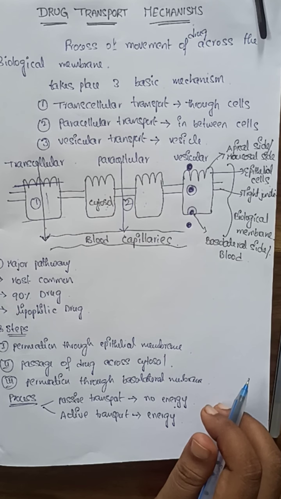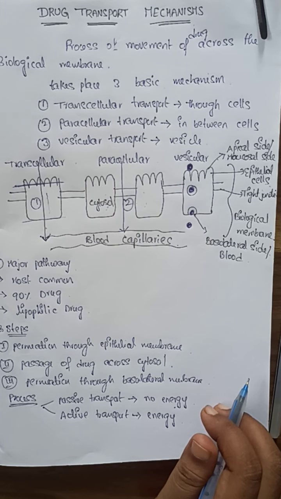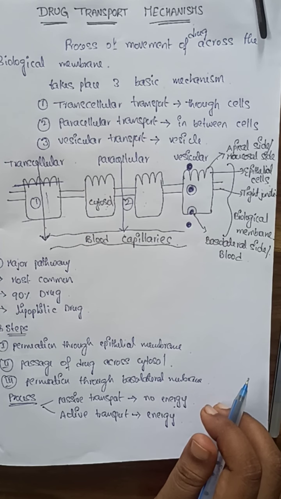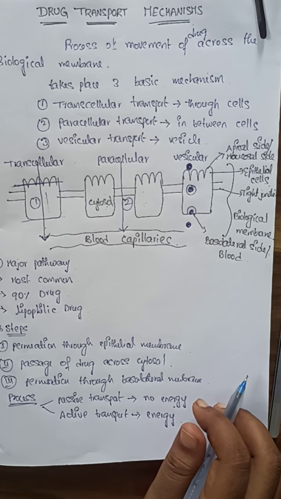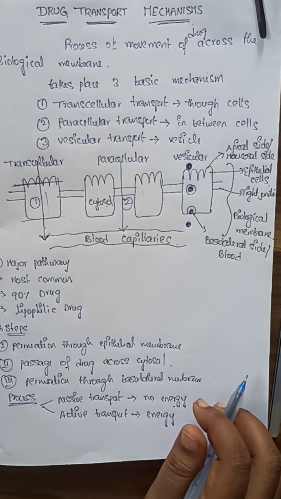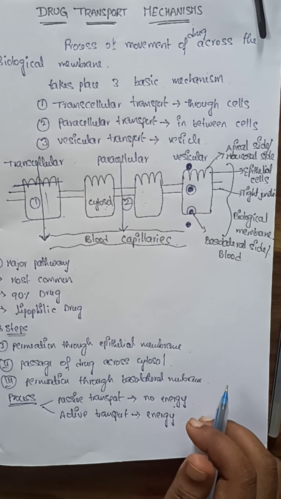If there is no direct involvement of ATP, and the ATP which is involved in the ion transport is the same ATP involved in the drug transport, it is known as secondary active transport. If the ion as well as the drug are both transported in the same direction, it is known as symport. If ion and the drug are transported in opposite directions, that is known as antiport. Those things we will see later in drug absorption mechanisms.